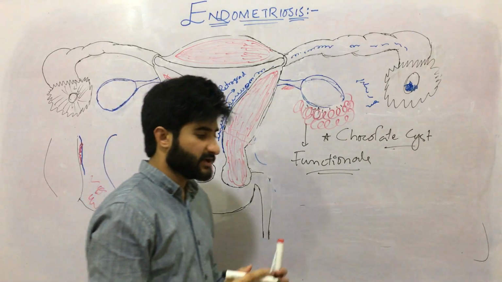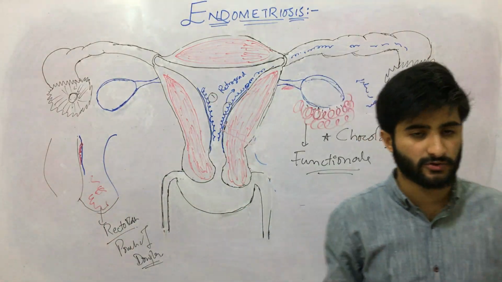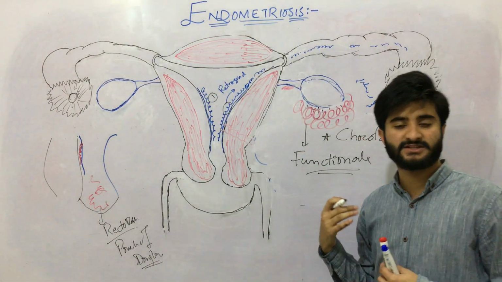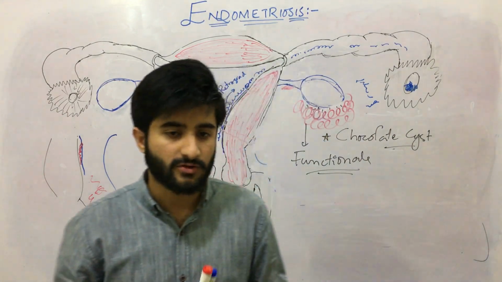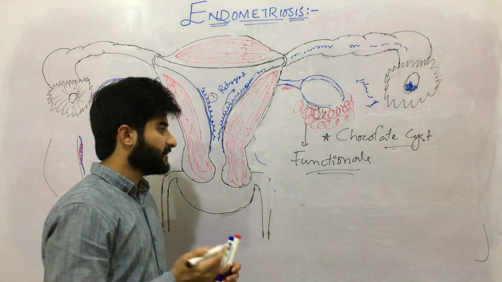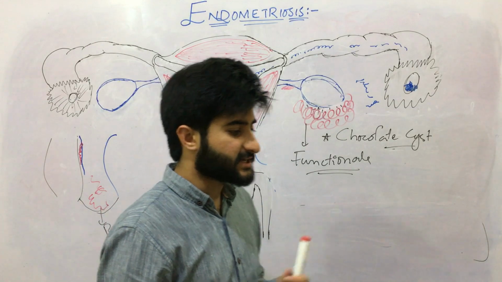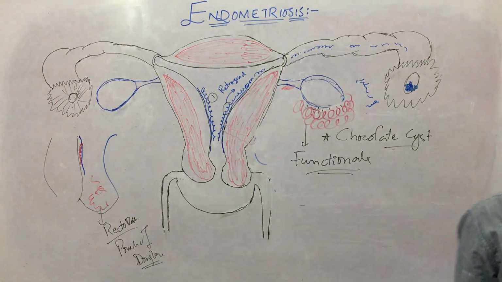The endometrium has two layers: one is the basal, and another is the functional. The basal normally does not shed, and the functional is cyclically shedding and cyclically developing.